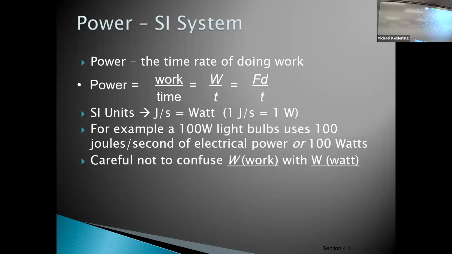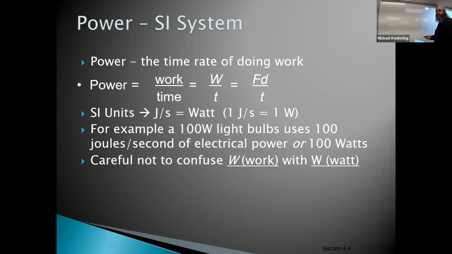So under certain circumstances, power is force times velocity. Force times speed. The SI unit for power is the watt, joules per second. So 1 watt equals 1 joule per second, or 1 kilogram meter squared per second cubed, if you want it written out in base units.